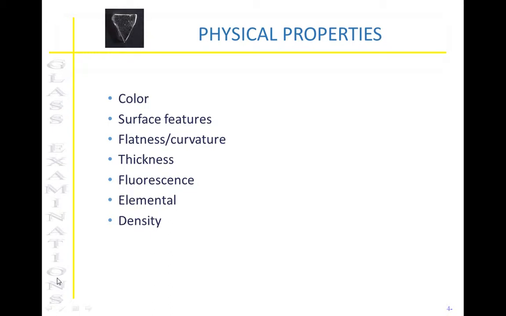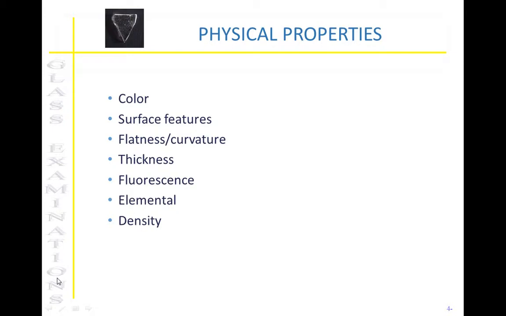Whether it has any tint that has been added into the glass itself, if there are any surface features present, if it has any curvature to the glass itself. At times you can also measure the thickness of the glass. Depending on if that glass has some fluorescence, you might be able to compare the fluorescence of the glass particles.